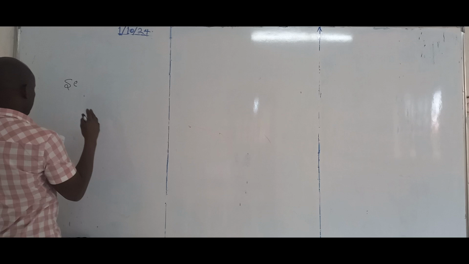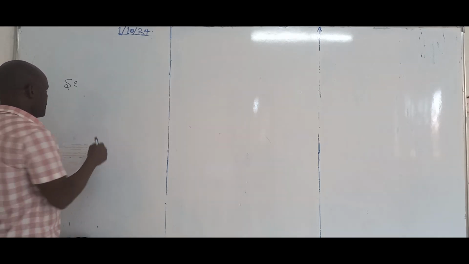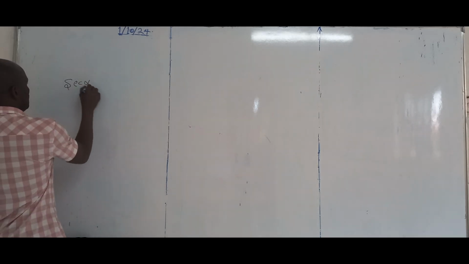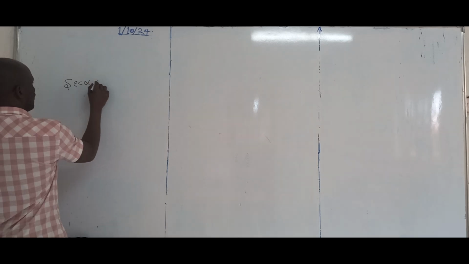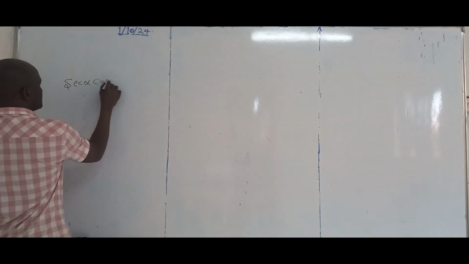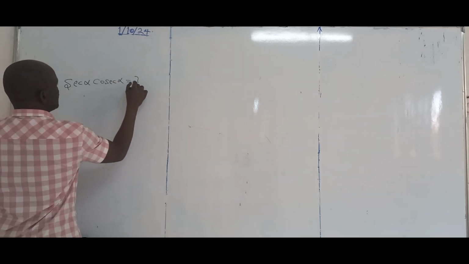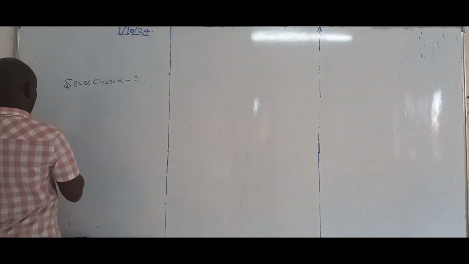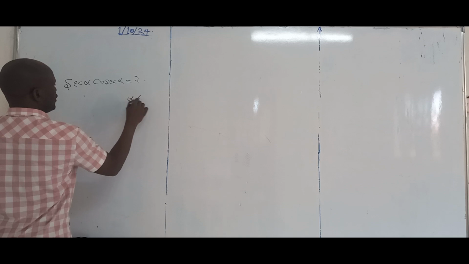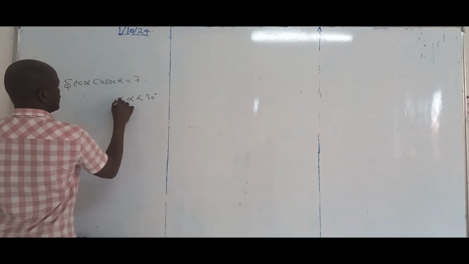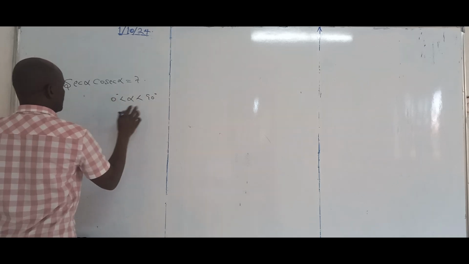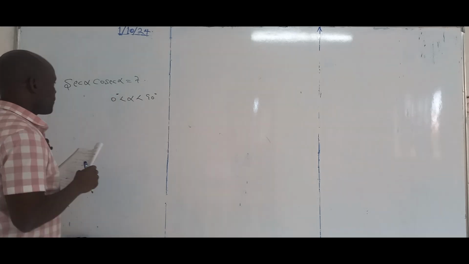Showing all necessary working, solve the equation sec alpha cosec alpha is equal to 7 for alpha within 0 and 90 degrees.